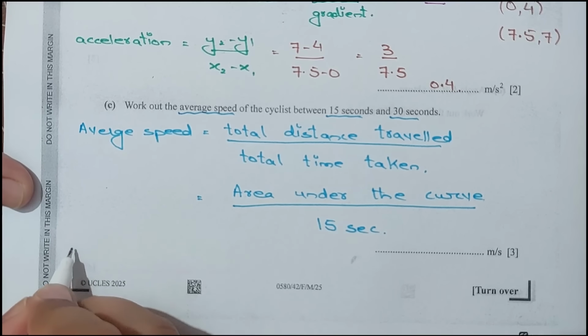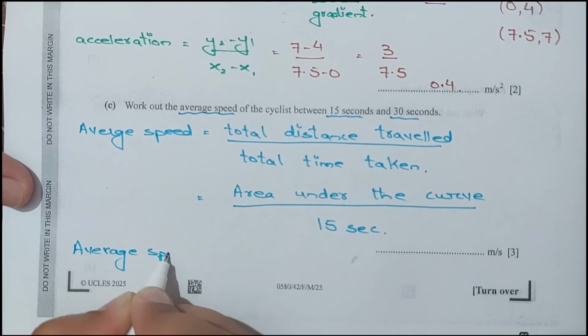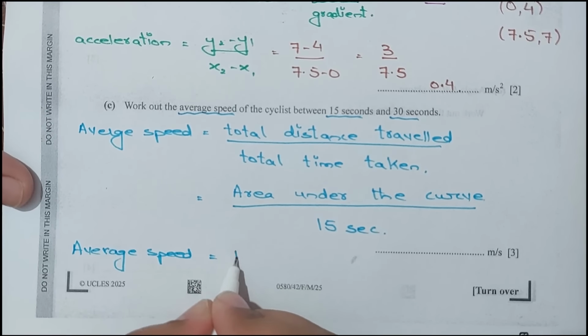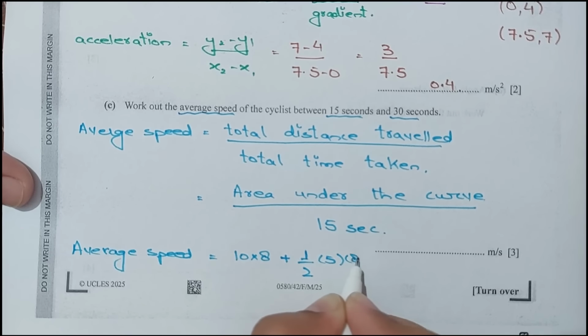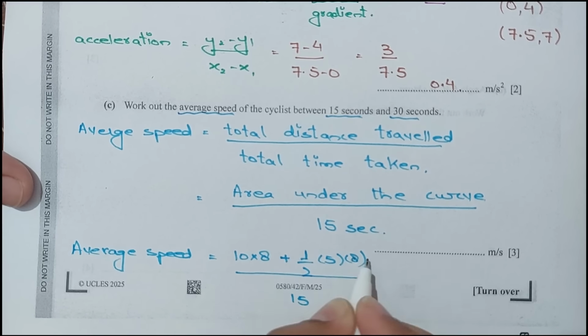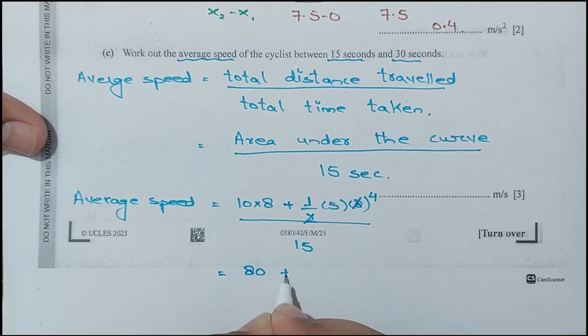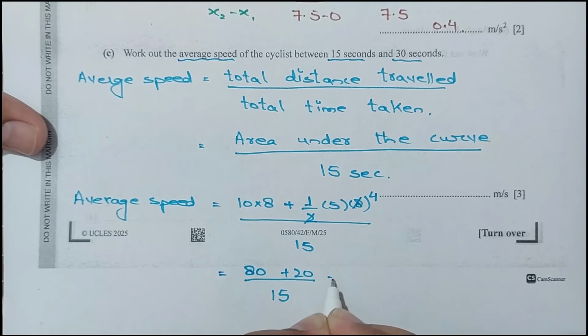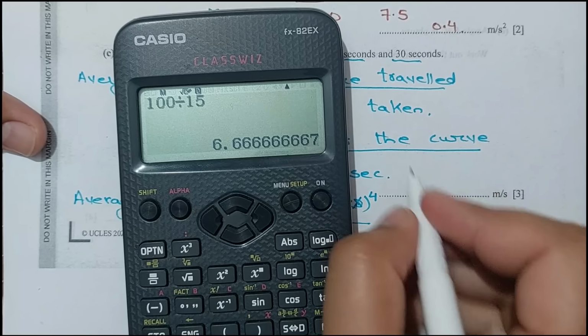All right, so the average speed is the area of the rectangle, 10 times 8, plus the area of the triangle, half times the base 5 times the height 8, divided by 15 seconds. 10 times 8 is 80, and half times 8 times 5 is 20, divided by 15. 80 plus 20 is 100 over 15. 100 over 15 is 6.67 meter per second.